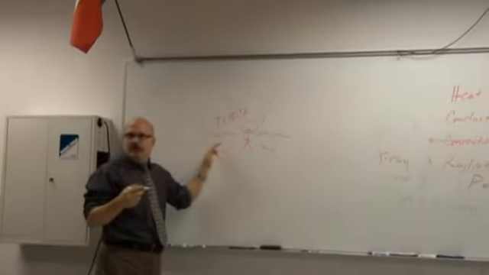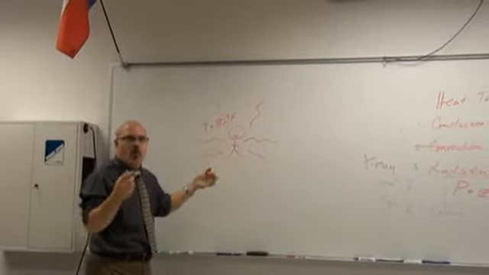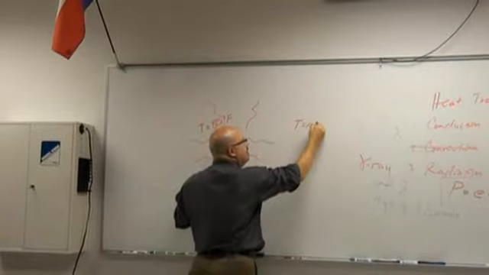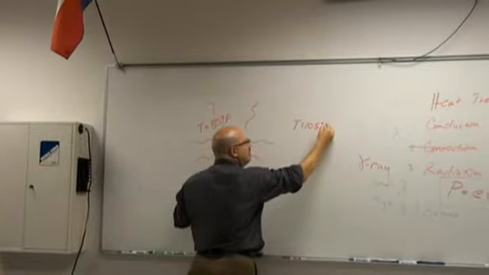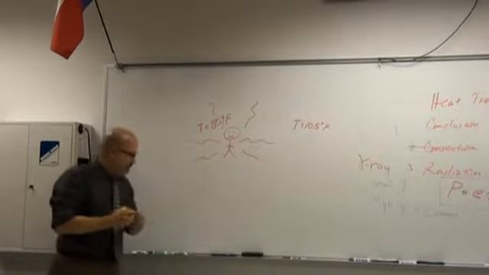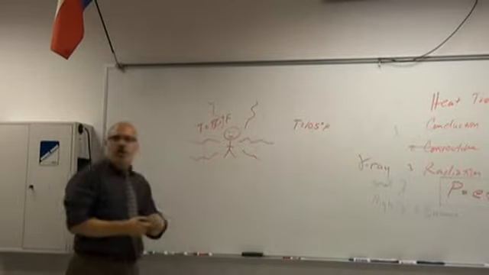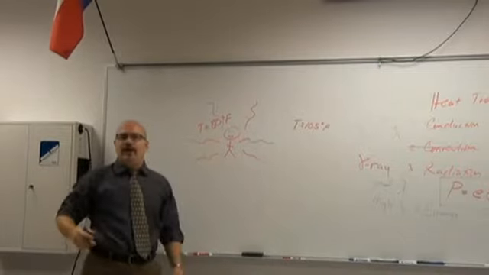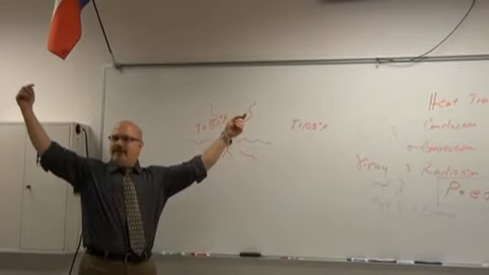But wait, there's more. What if the outside temperature is 105 degrees, like it frequently gets to in Texas? You're absorbing heat. That means the air molecules around me, or everything around me, is doing what? Radiating heat.